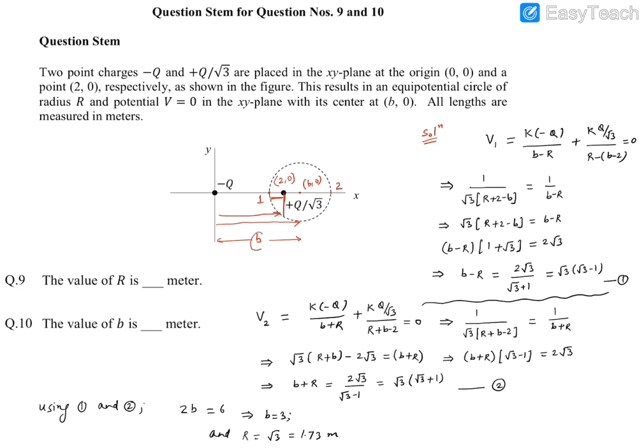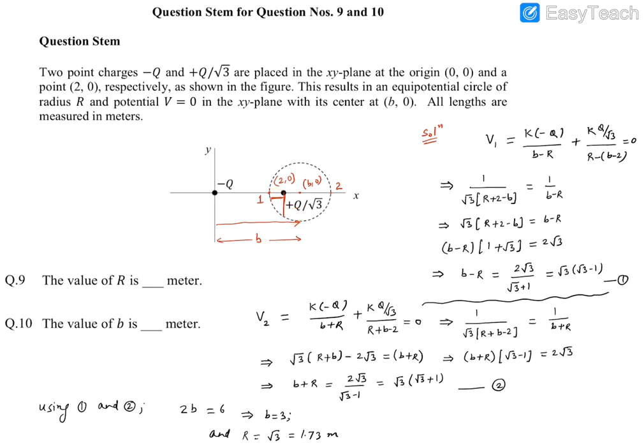So total is b and this is 2, so the remaining is going to be b minus 2. Now we know this total distance up, this is the radius. Out of the radius, if we subtract this, which is b minus 2, it will work. So that will be this distance.